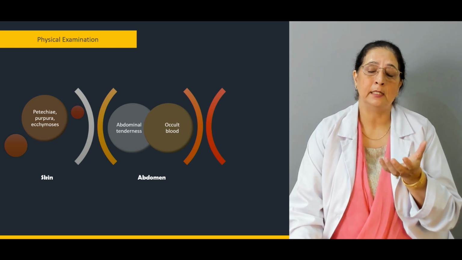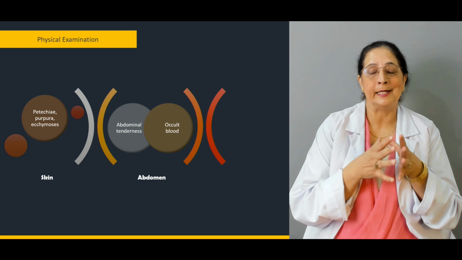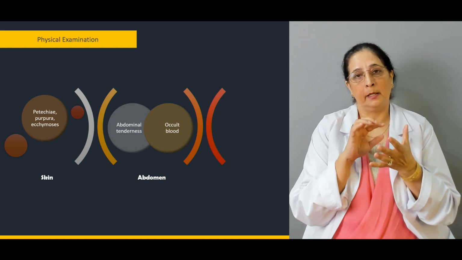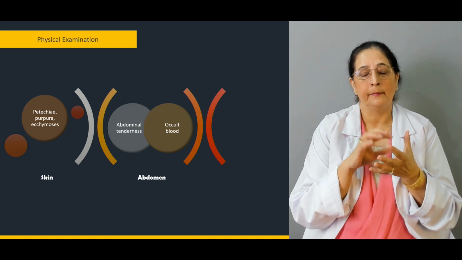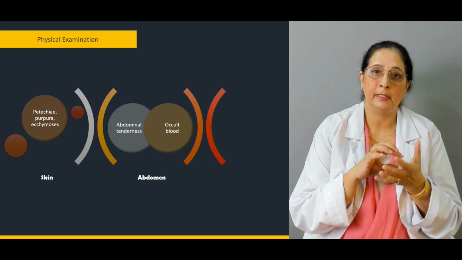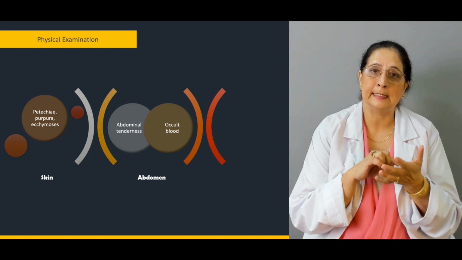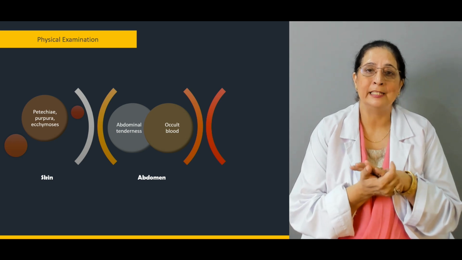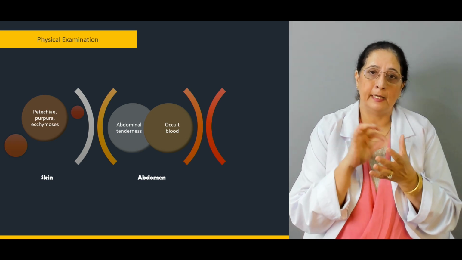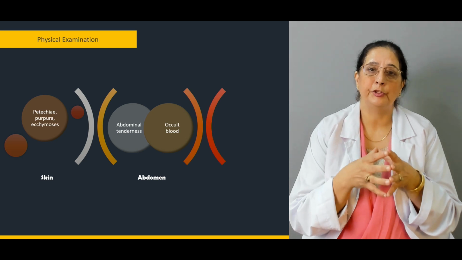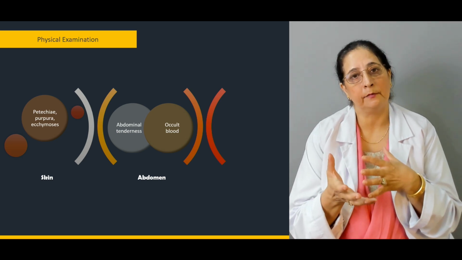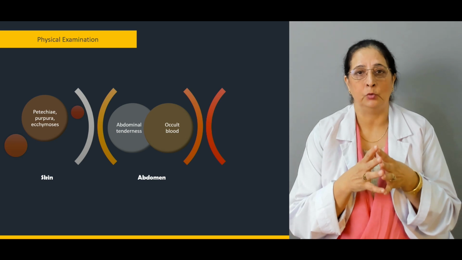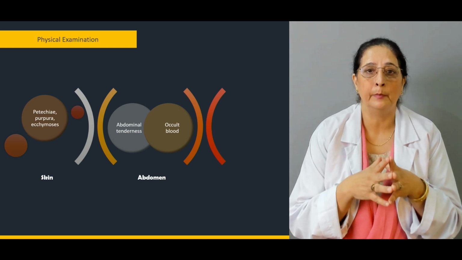The test is known as the occult blood test, done by putting the specimen of the feces or stool on the slide, and then occult blood developer is placed on the other side. If there is change in the color, it's positive for the blood in the stool. So there might be an occult blood present.